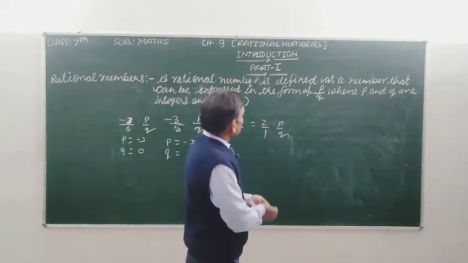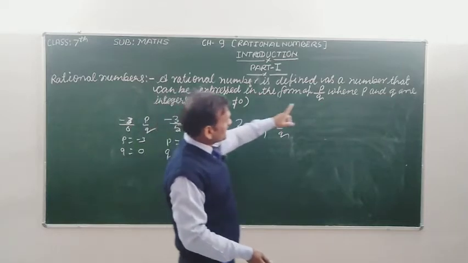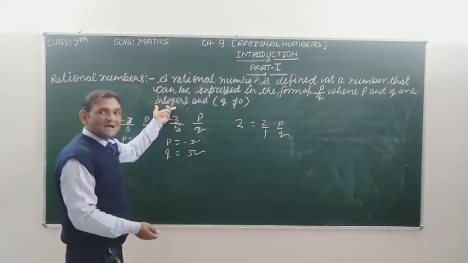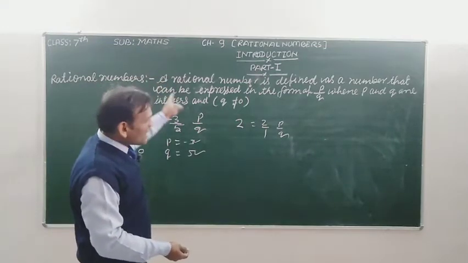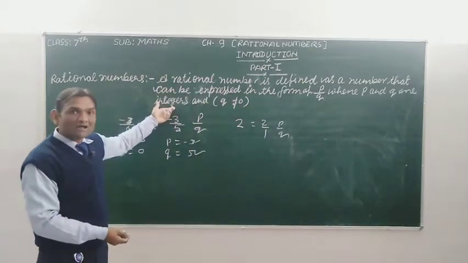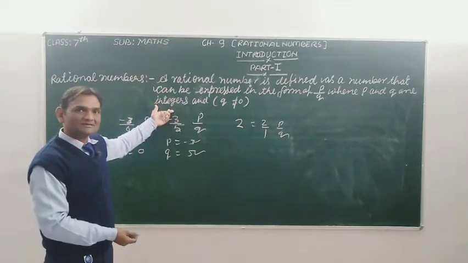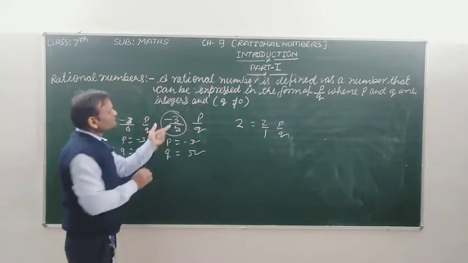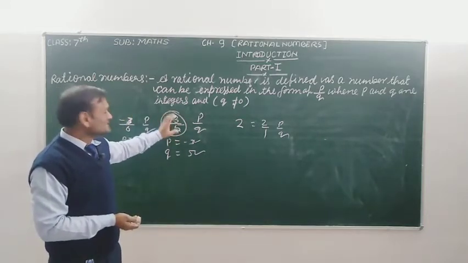But in the definition of a rational number, P and Q are integers, whereas in the definition of a fraction, P and Q are whole numbers. Minus 3 upon 5 is not a fraction. It is a rational number.